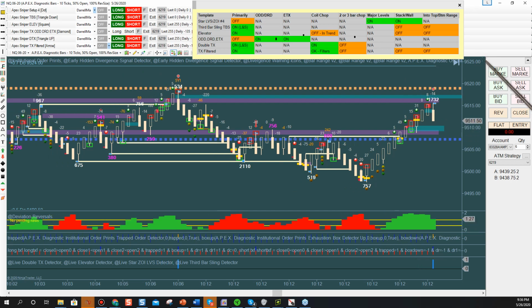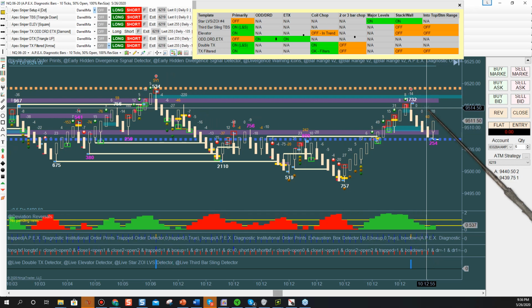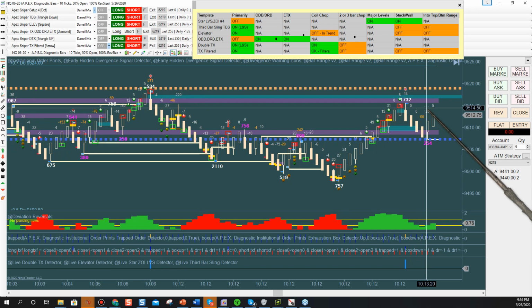All right, so we had a what? What's that right there? Star low volume score ZOI. So very good trade and off of a crash. Number 4 setup. And we like those number 4s, so there it goes. Profitable trade.